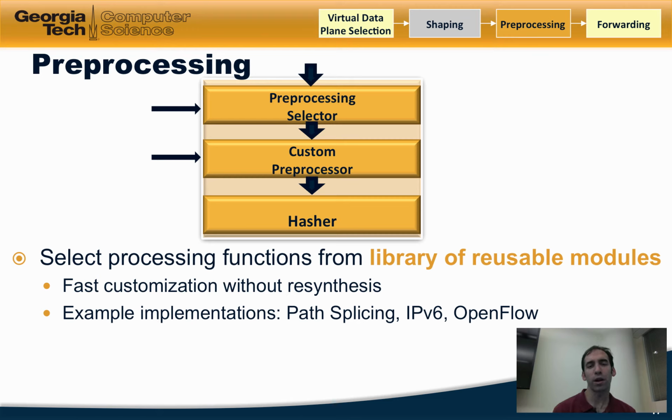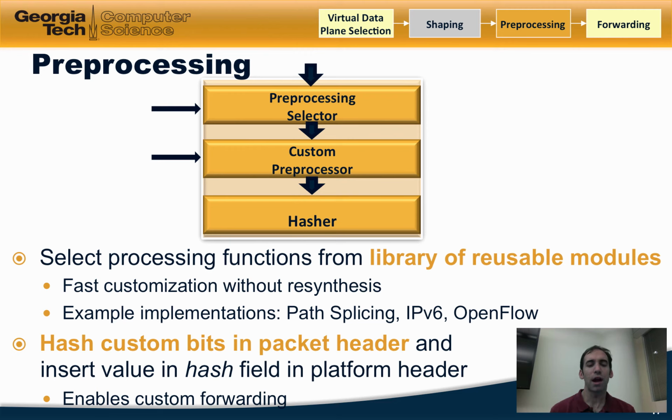Rather, the programmer can control everything from a high-level programming language. We've shown how this library of reusable modules can be used to implement a variety of custom data planes, including a multipath routing protocol called path splicing, IPv6, and OpenFlow.